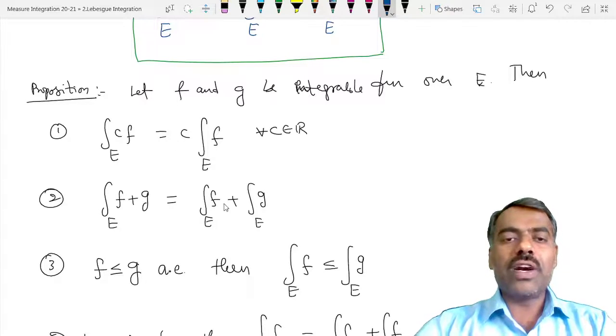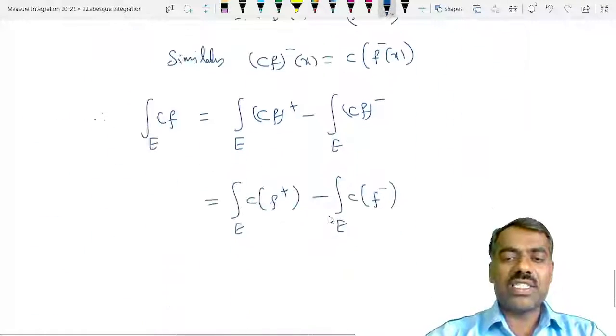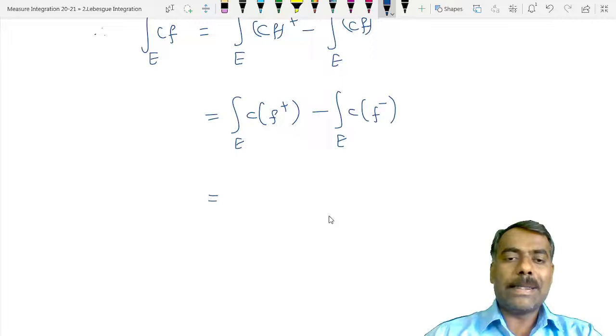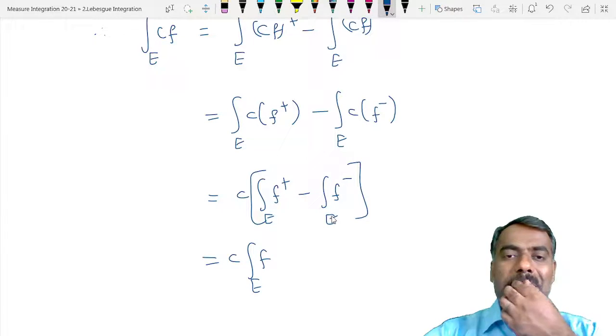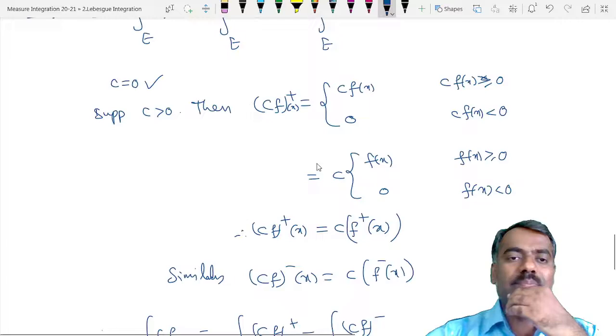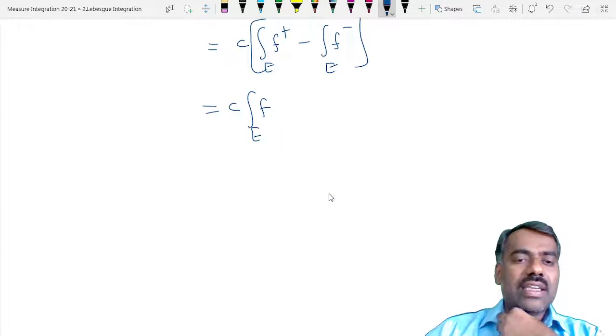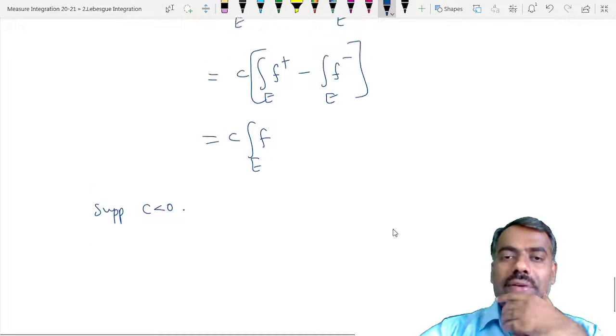They are already true for non-negative measurable functions. So this scalar I can bring outside, yes or no? Similarly, this scalar I can bring outside, right? But what you have here is nothing but integration of f over E. Okay, is this clear?